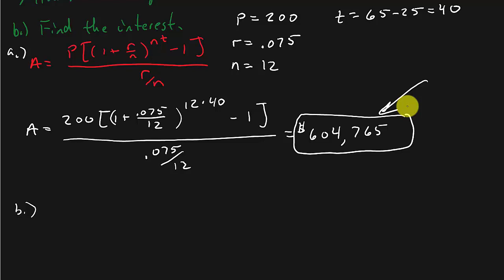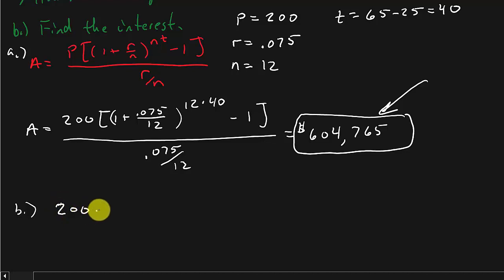Well, we put $200 in there at the end of each month. So that's $200 at the end of each month. So that would be times 12 months in a year. And we did that for what? 40 years. So that would be times 40.